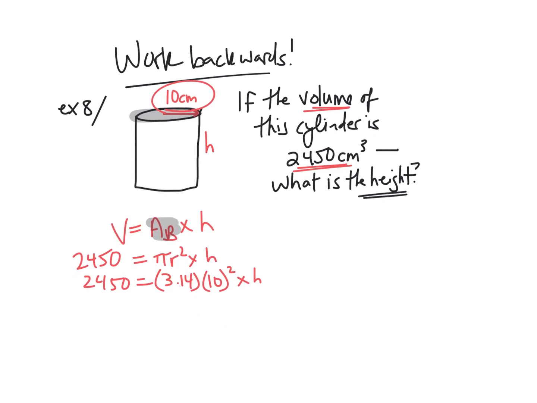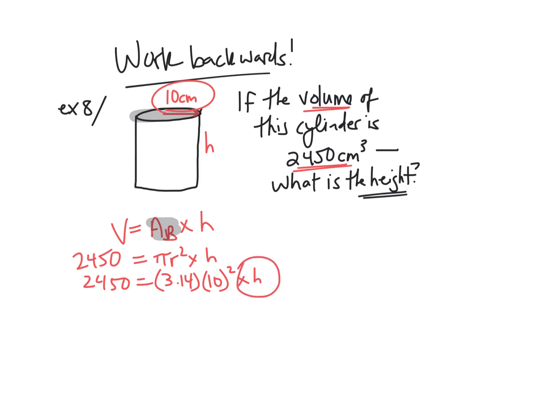Now what we need to do is isolate h in the equation. Okay, so how do we do that? Well, if you remember back to when we worked out basic algebra expressions, whatever is being done to the variable that you want to isolate, which in this case is h, you want to do the opposite.